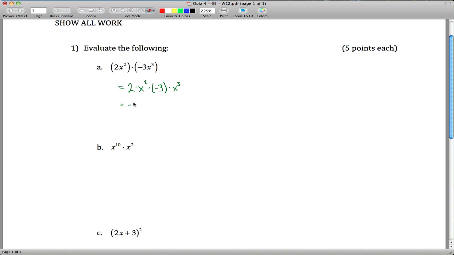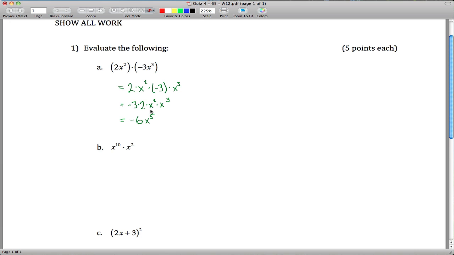So I could say it's -3 times 2 times x squared times x cubed. And then maybe this is something I can evaluate. -3 times 2 is -6. And x squared times x cubed turns out to be x to the 5th.